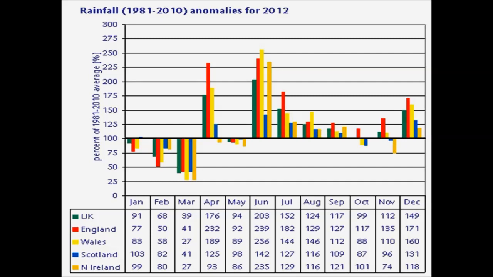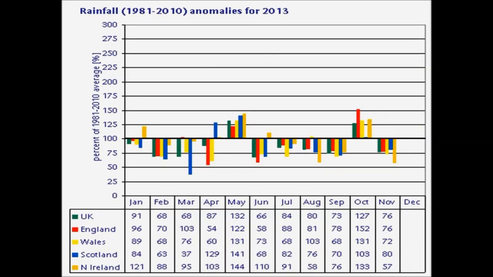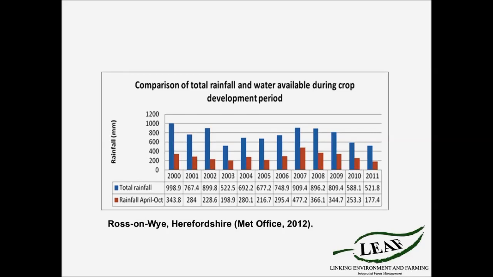So here, severe rainfall, very heavy rainfall throughout 2012, contrasted by 2013, where there was lower than average rainfall. And then if you look at when that rainfall is available, a vast majority of that is not falling at the time where the crop needs it most. And that is, again, our challenge.